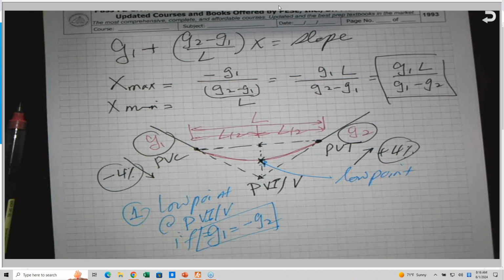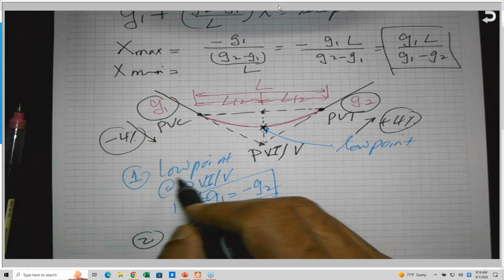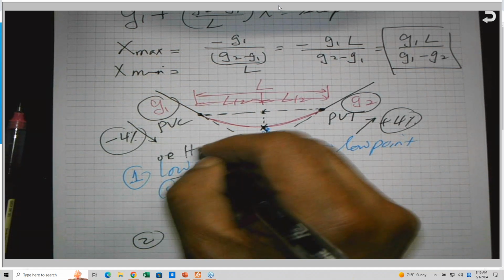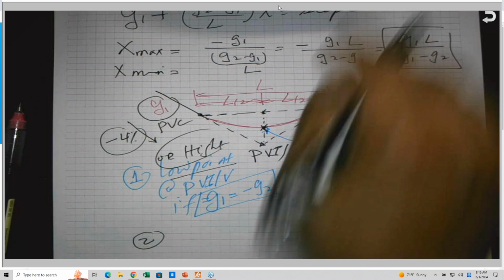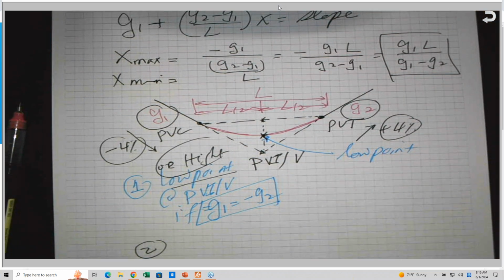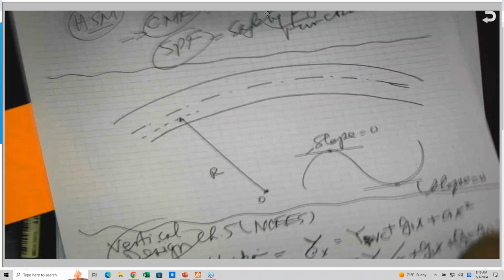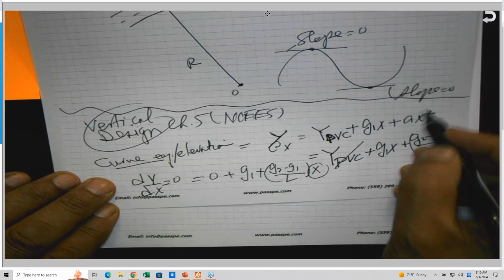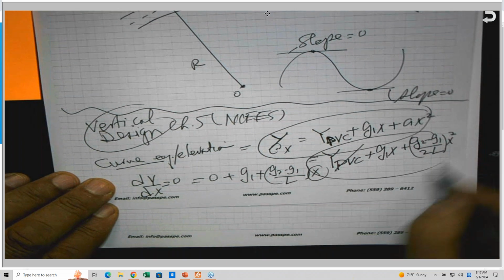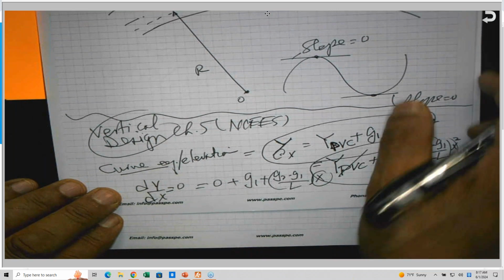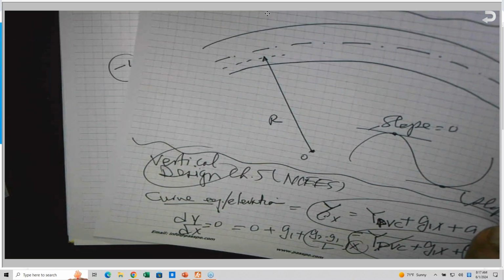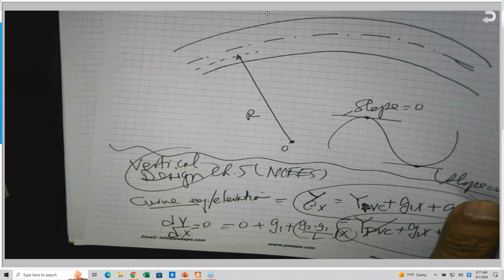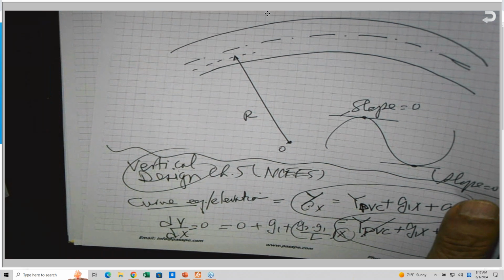Case number 2. So if it is the low point, low or high, obviously, because we're talking about the same equation, this equation is applicable to all vertical curves, symmetrical or unsymmetrical, both positive, both negative, just one equation for all types of vertical curves, except the unsymmetrical vertical curves.